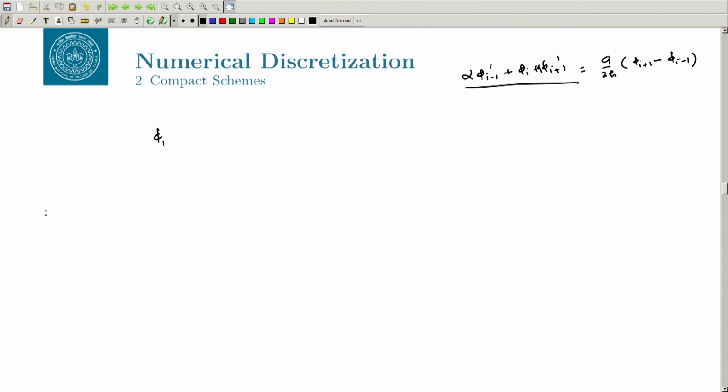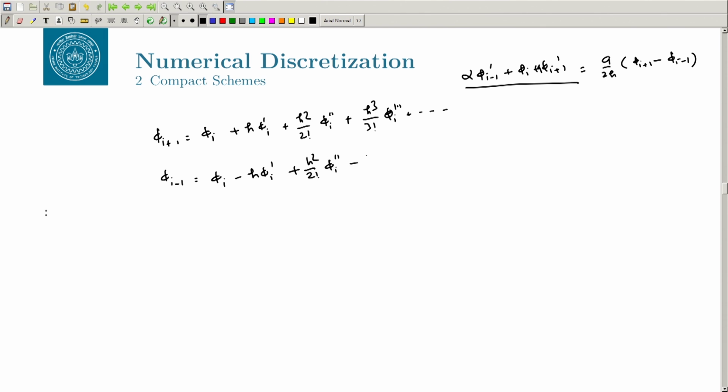So, you can write phi I plus 1 will be phi I plus h phi prime I plus h square by factorial 2 phi I double prime plus h cube by factorial 3 phi I triple prime, and so on and so forth, right. And similarly, you have phi I minus 1 will be phi I minus h phi I prime plus h square by factorial 2 phi I double prime minus h cube by factorial 3 phi I triple prime, right.